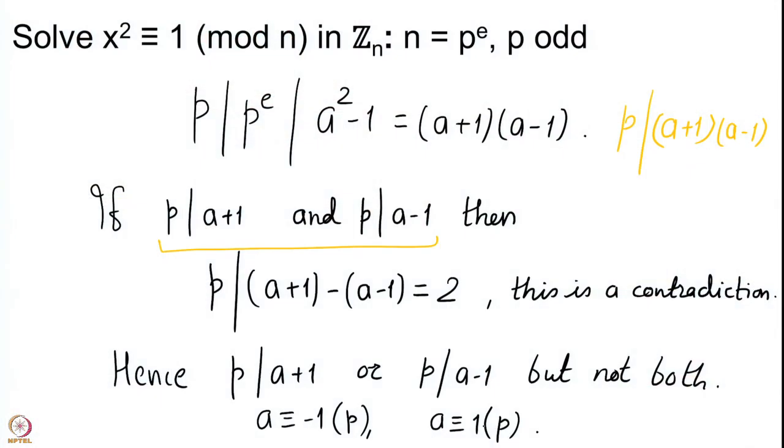So, what we have done here is for p, but the case that it cannot divide both will tell you that when p divides a plus 1, all the powers of p which are p power e will have to divide a plus 1, they cannot divide a minus 1. So, we actually get that we have the possibility modulo p power e also to be only that a is 1 mod p power e or a is minus 1 modulo p power e.